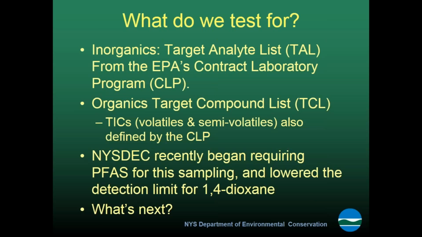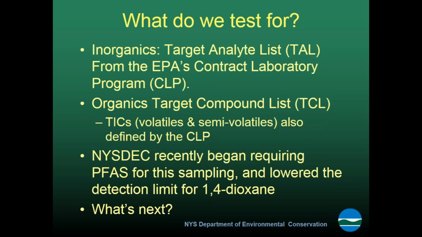For the organic chemicals, they have a similar Target Compound List, or the TCL. In addition to the specific chemicals on the target compound list, they also require TICs, tentatively identified compounds, to be reported under that program. And those tentatively identified compounds are defined in the CLP.